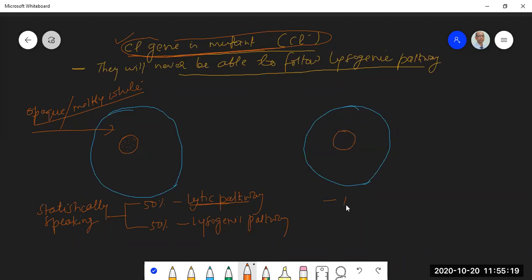Here 100% of them will follow the lytic pathway. None of them will be able to establish lysogeny because the CL gene is mutant.